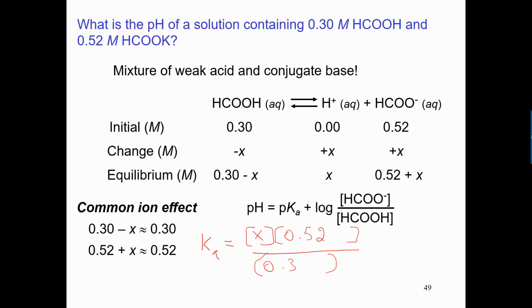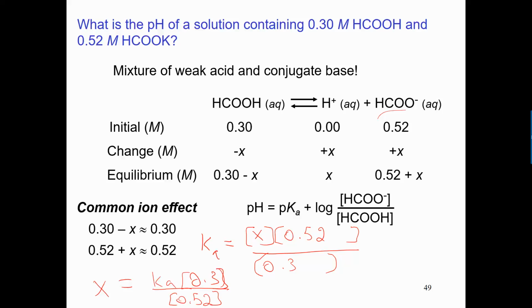And if you rearrange it so that x is out here, so x equals your Ka times your base, which is, well, in this case, the way I'm setting up would be the acid, 0.3 over 0.52, okay?